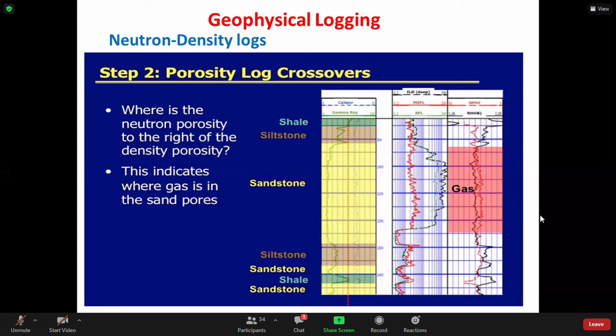Is it hydrocarbon? We use our gamma, our caliper and our SP log to identify the lithology. What kind of lithology do we have there? Is it shale? Is it siltstone? Is it sandstone? We know that in the Niger Delta we have predominantly shale and sand, so it's a sedimentary terrain, and that is our focus for oil and gas exploration.